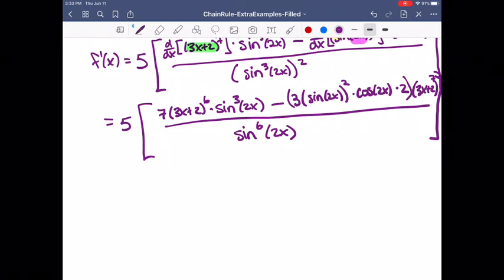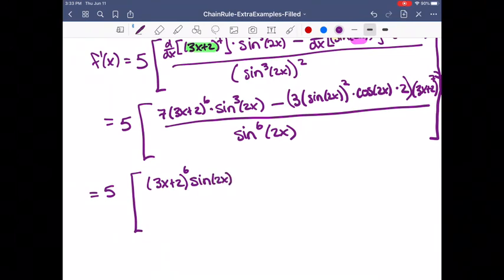Okay, now I can do a bit of simplifying. I'm going to keep the 5 out for now. So I can pull out 3x plus 2 to the power 6, and also sine of 2x to the power 2. So then here I'm going to be left with 7 sine of 2x.